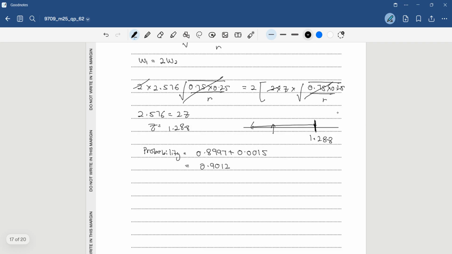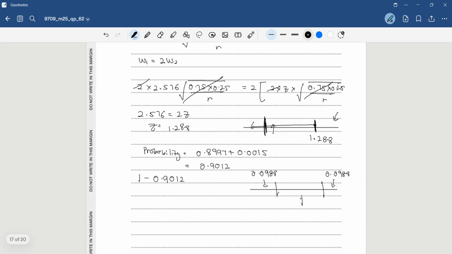So I need to know this region so that I know what is here. Okay, the interval must be from here to here. So 1 minus 0.9012, so this region will be 0.0988 and this region will be 0.0988.